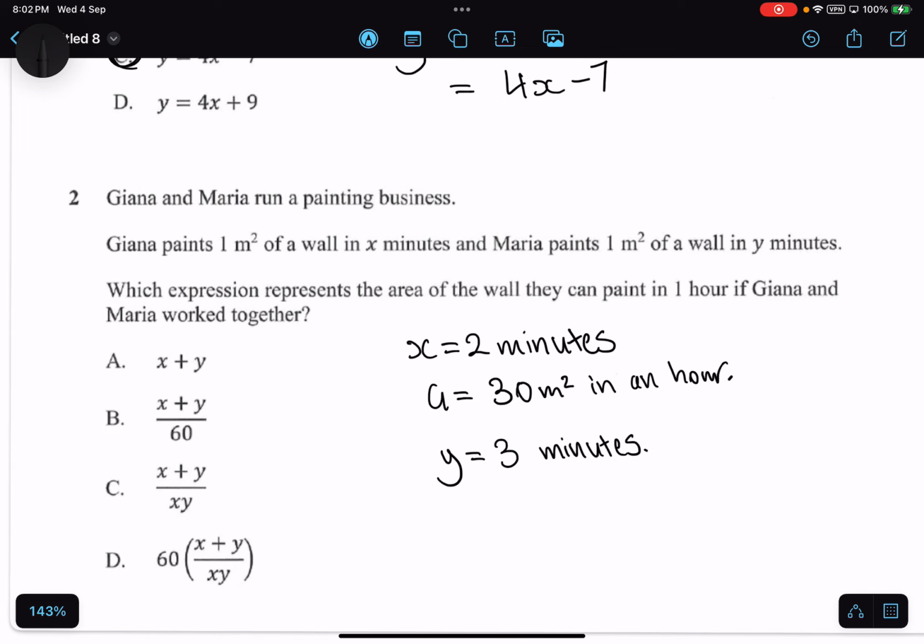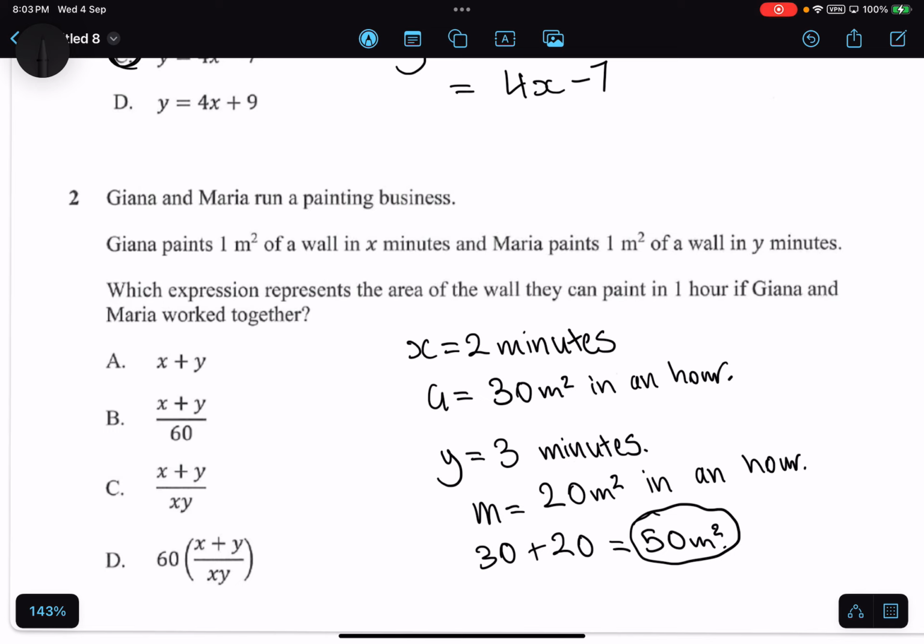So Maria, if she can paint a meter squared of a wall in 3 minutes, that means in 1 hour she's going to paint 20 meters squared. So combined, they're going to paint 30 plus 20 equals 50 meters squared. I'm not really sure how to explain how to get the expression in detail, but what you have to do is pick the expression that gives you 50.